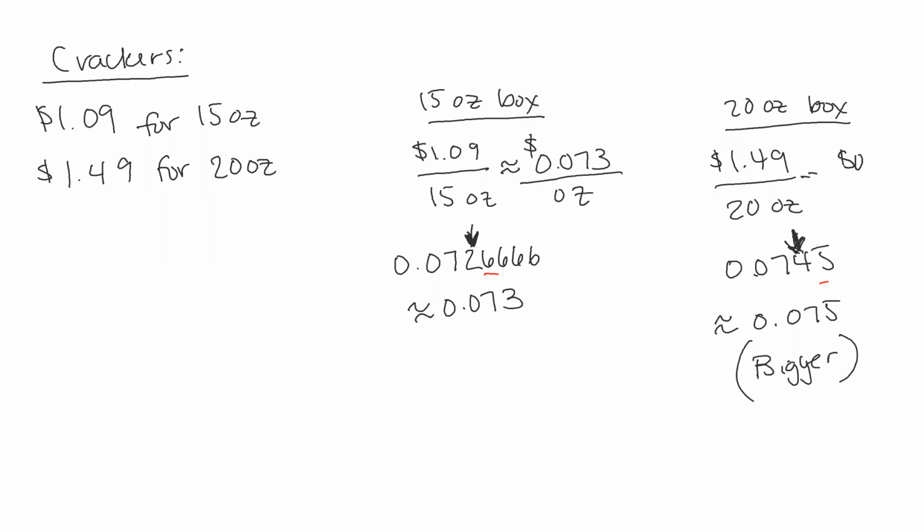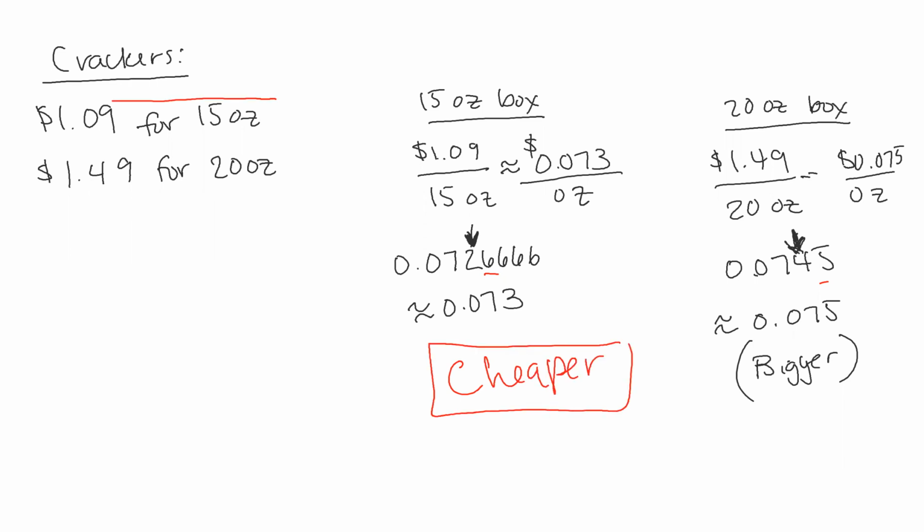This one is 0.075 per ounce. This one is cheaper. So the 15-ounce box of crackers is actually the cheaper product, barely. The difference in price per ounce is tiny. So both boxes, at the end of the day, the cost between them is negligible, but technically by just a smidge, the 15-ounce box is cheaper.